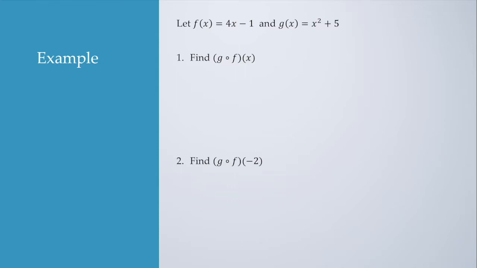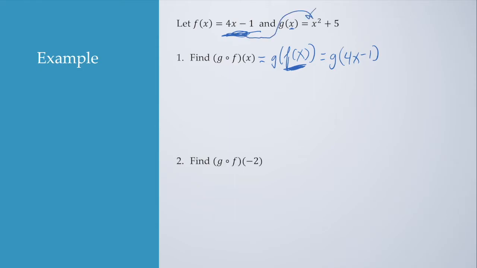So if I have f of x is 4x minus 1 and g of x is x squared plus 5, I want to find g composed with f of x. I like to rewrite it like this. This reminds me that I'm substituting in f of x for x in g. So I now have g of 4x minus 1. So I'm going to substitute, perfect time for a fire truck, I'm going to substitute 4x minus 1 in for x.